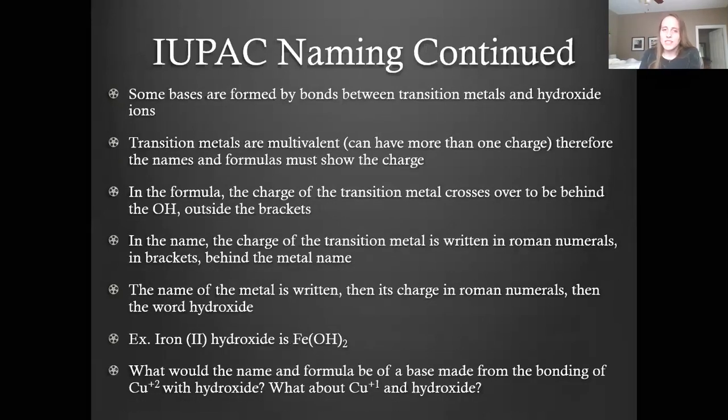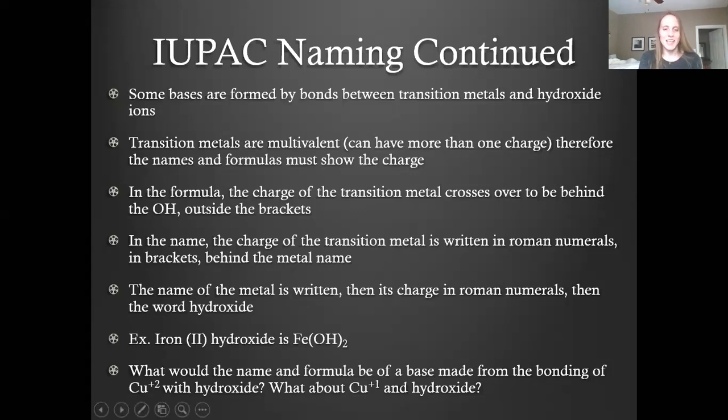You will have some bases that include one of those transition metals, which can be multivalent. Those are the ones in the drop-down section that we don't know the charge of. In this case, when you're writing the name of that base, you do have to include the charge of your transition metal in Roman numerals in brackets, just like we practiced last year for any ionic compound that included one of those multivalent metals.